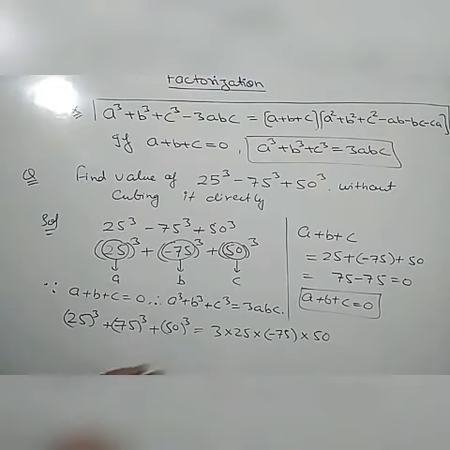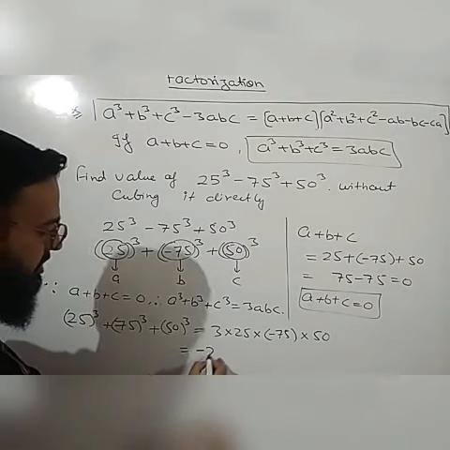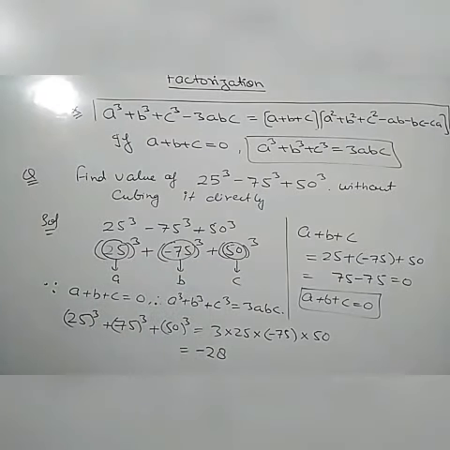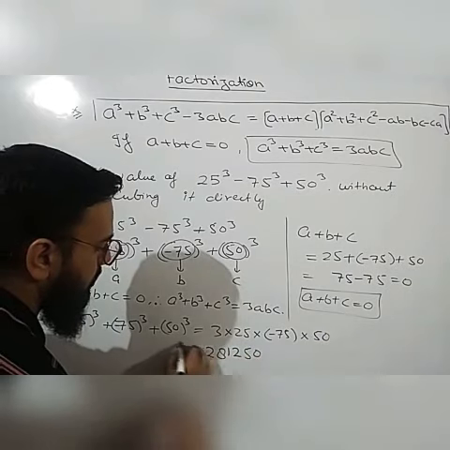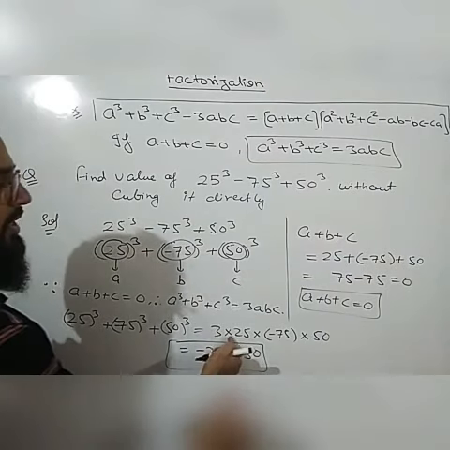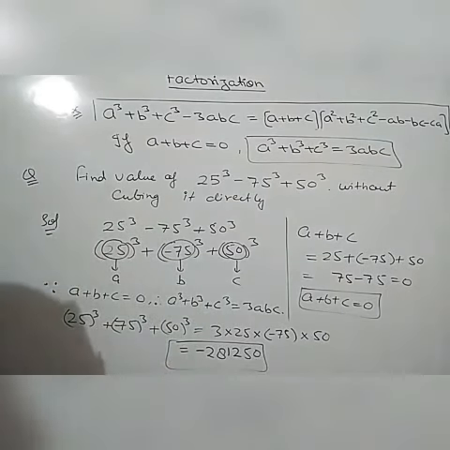Now you can multiply these three terms. That will be the answer of this particular expression. Okay, so multiply and get the answer. The answer will be, I am just writing the answer, it will be minus 281250. Minus 281250. It will be your answer when you will multiply these three terms.